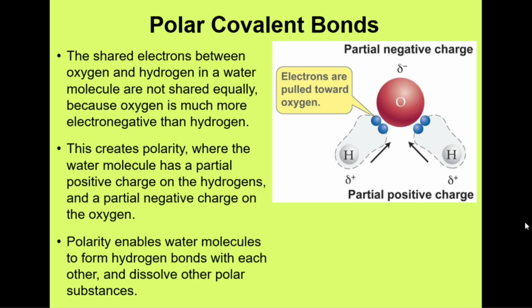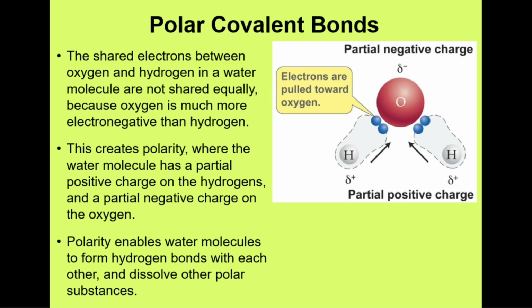So why is that important? Why does it matter? Well, this polarity, these positive and negative components of the same molecule, enables water molecules to form bonds with each other, specifically hydrogen bonds.